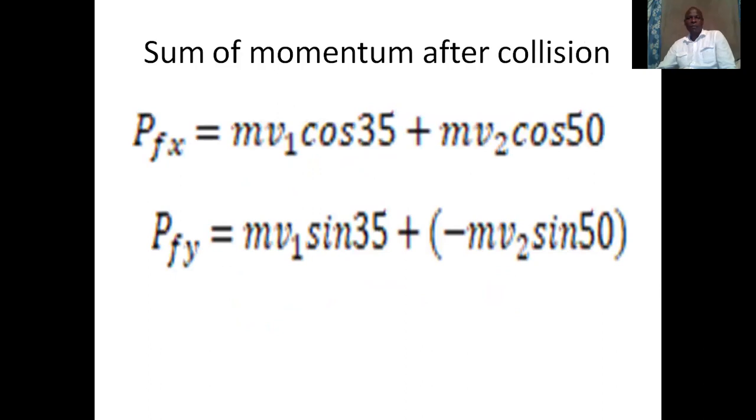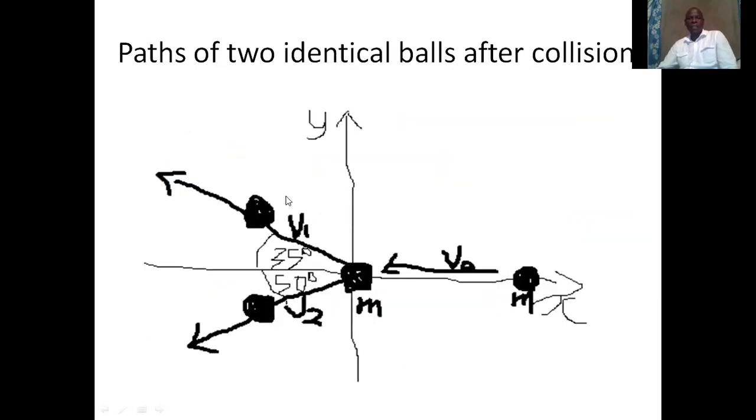Now we look at the sum of momentum after the collision. After the collision, as I indicated earlier, these two balls separate. The one separates above the negative x-axis with the velocity v1, and the other one separates with the velocity v2 50 degrees below the negative x-axis.